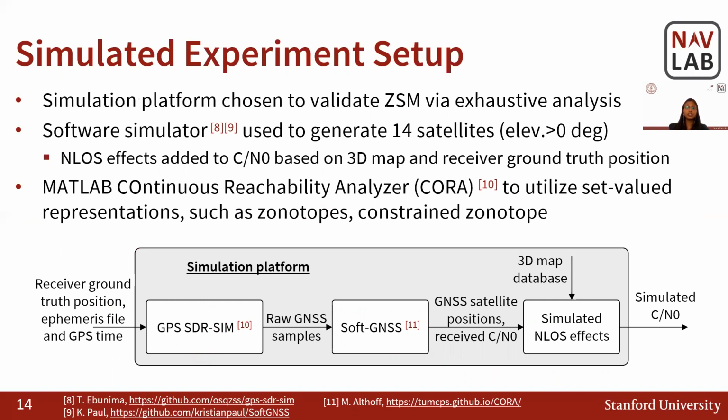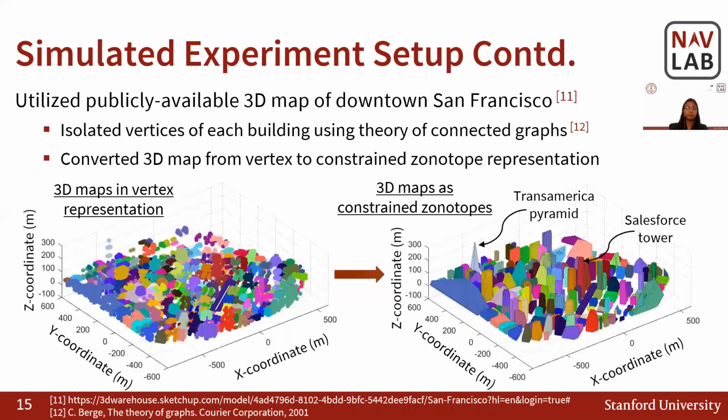We added simulated non-line of sight effects to the CN0 values based on the 3D map and receiver ground truth position. We also utilize the MATLAB CORA toolbox for set representations such as zonotope and constraint zonotope, and to perform set operations.